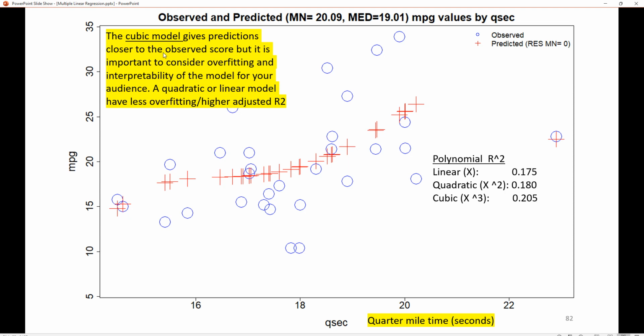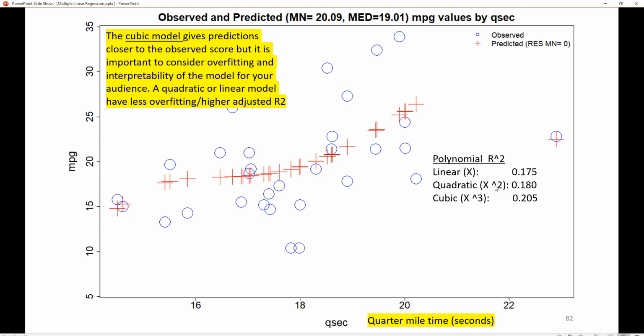The cubic model gives predictions closer to the observed score, but it is important to consider overfitting and interpretability of the model by your audience. A quadratic or linear model may have less overfitting and higher adjusted R-square. So these are the R-square for the three different models. We have the linear model, that is 0.175.